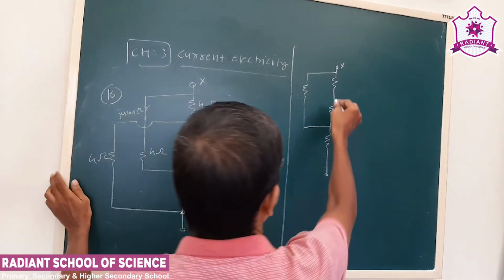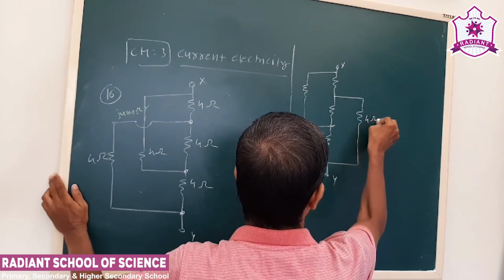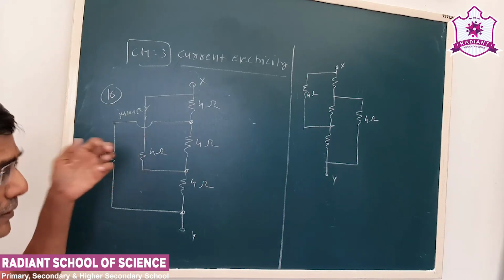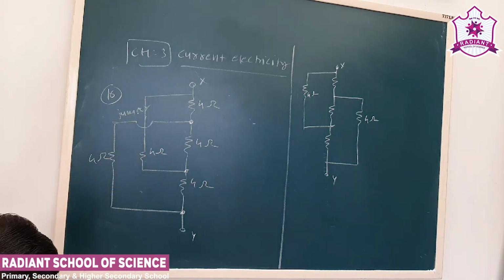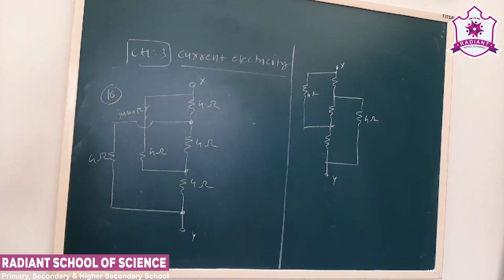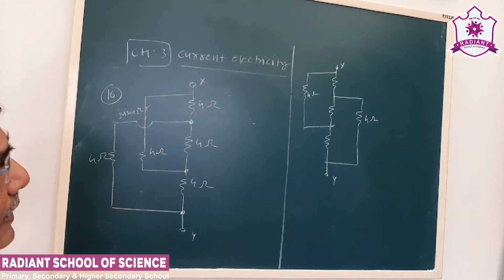And this resistance. See this left side part, because it's a jumper, there is no overlapping. That means they are not connected. They are just passing by each other, so we have placed it on the right hand side. So our simplified circuit will be like this.